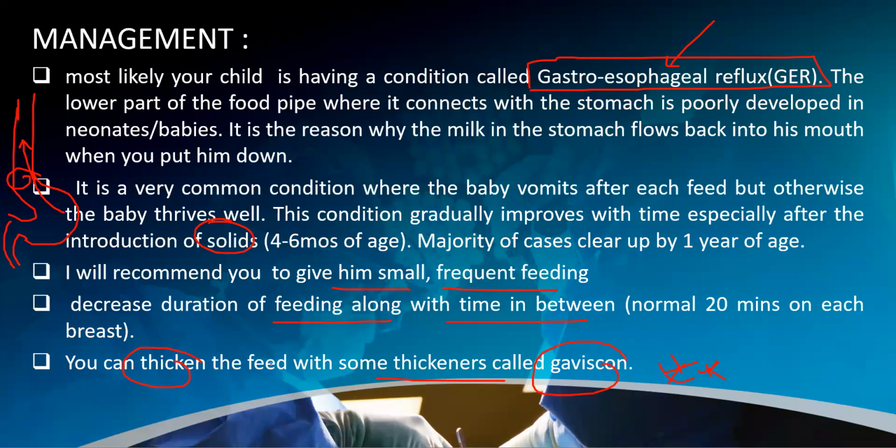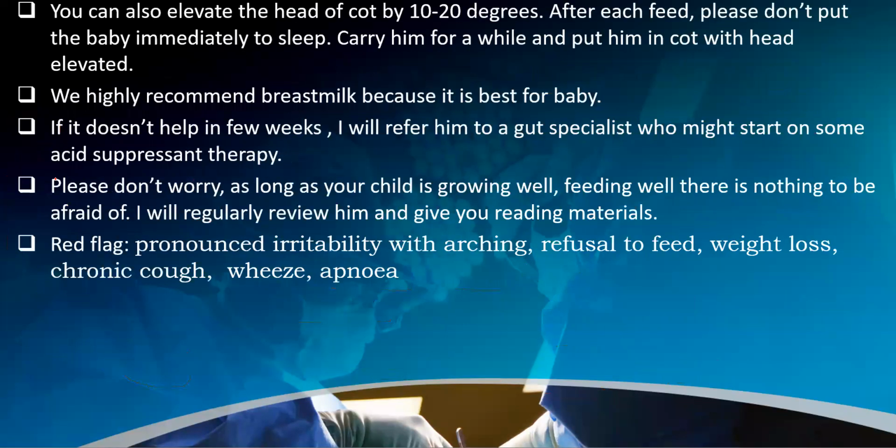That's a good one. If you give thick food, it is very hard for it to come back to the mouth. You can also elevate the head of the cot by 10 to 20 degrees. After each feeding, please don't put your baby immediately to sleep. Carry him for a while and put him in the cot with the head elevated.